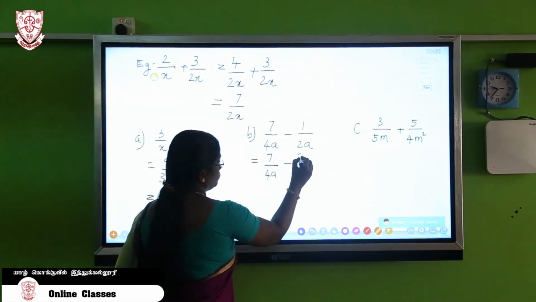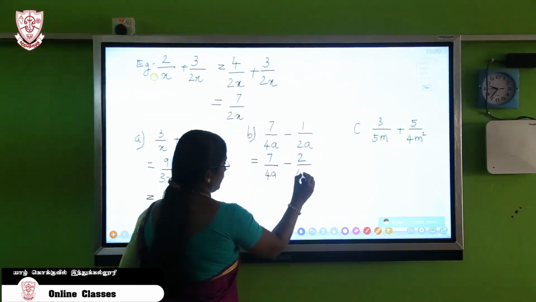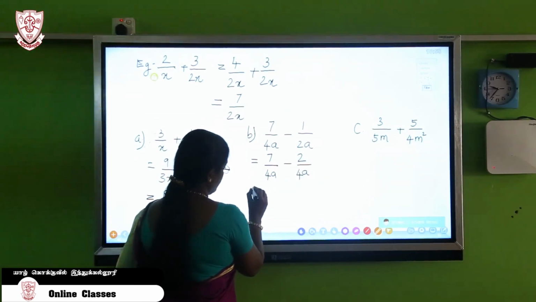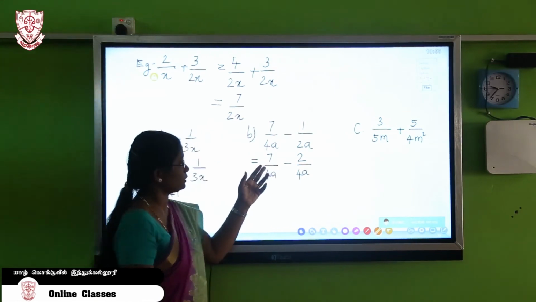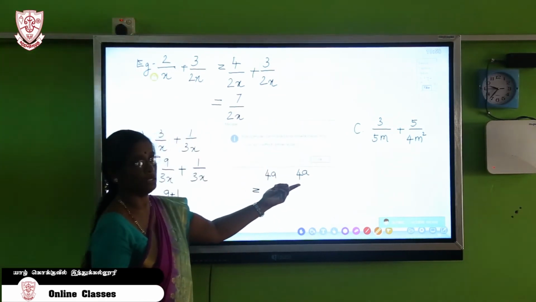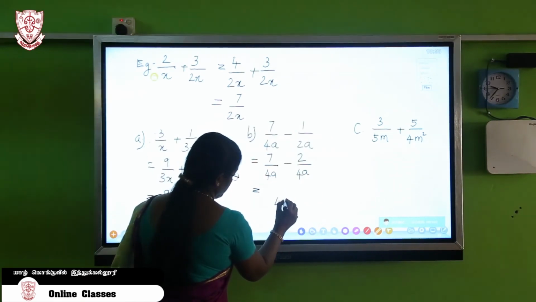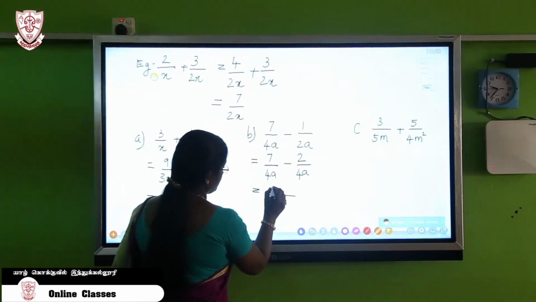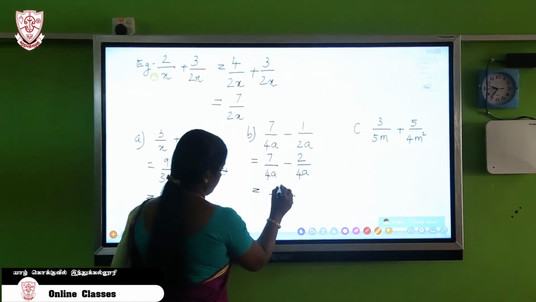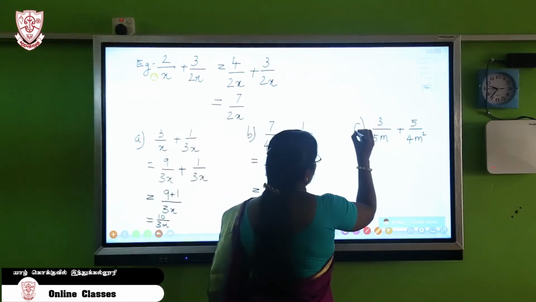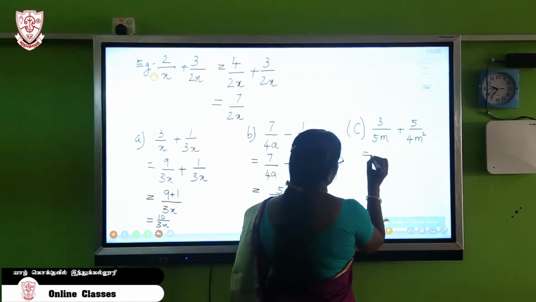So 2 over 4a. Now both algebraic fractions have equal denominators. So the denominator is 4a, and the numerator is 7 minus 2, which is 5. So look at the third exercise example.